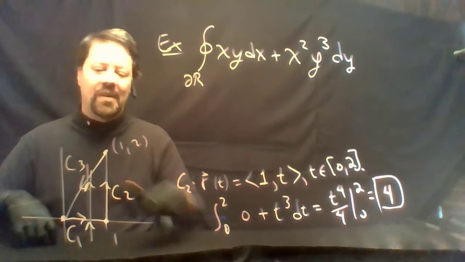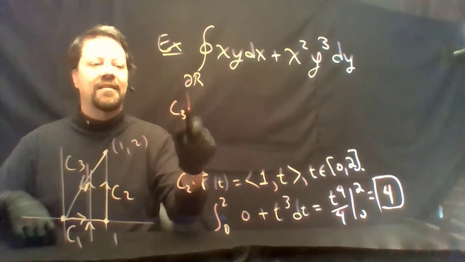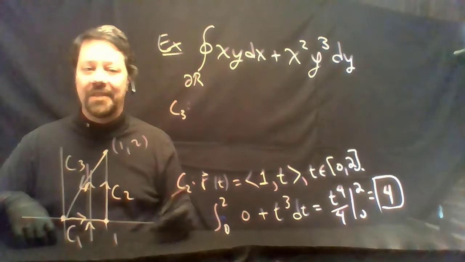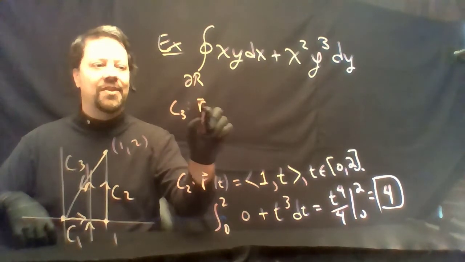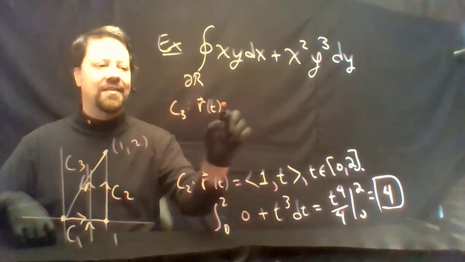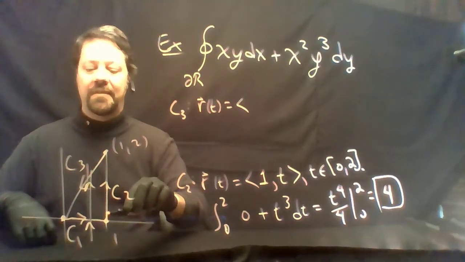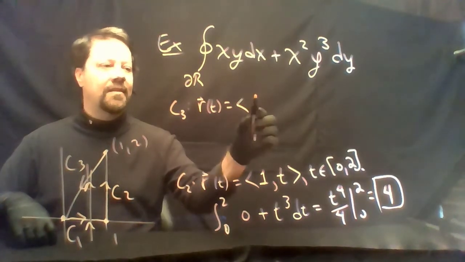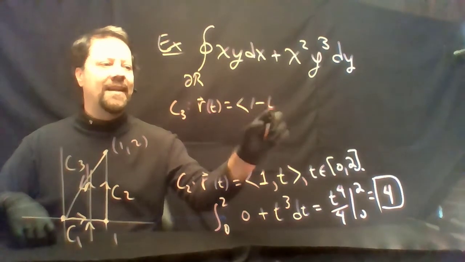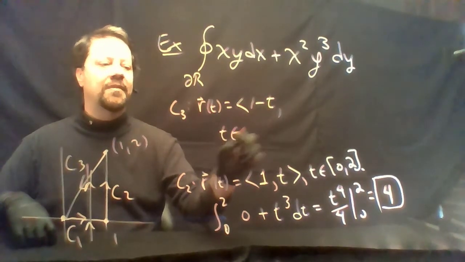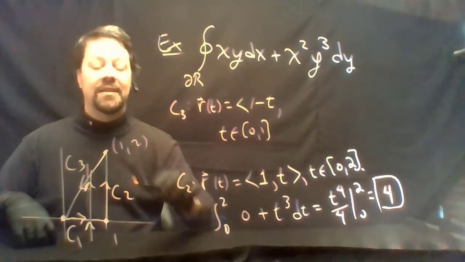There's no one way to parameterize a curve. There are easy ways and more difficult ways. I'll show you 2 ways of parameterizing this curve. One way is x goes from 1 to 0. Why not something like 1 minus t, where t goes from 0 to 1?